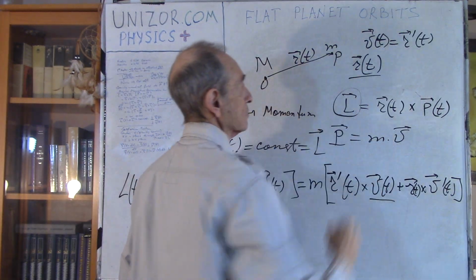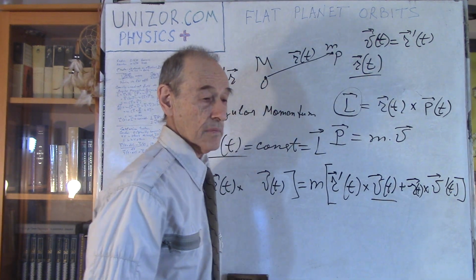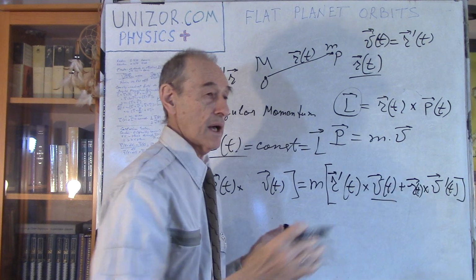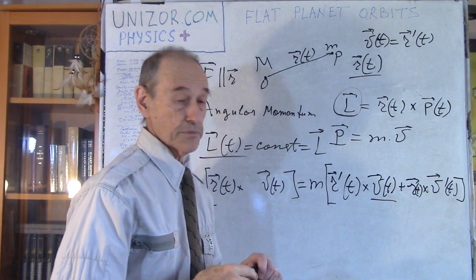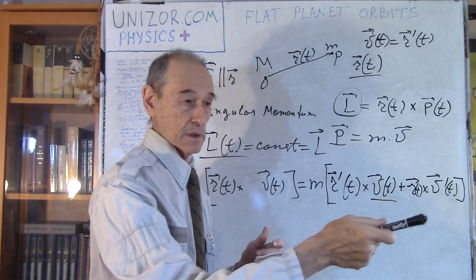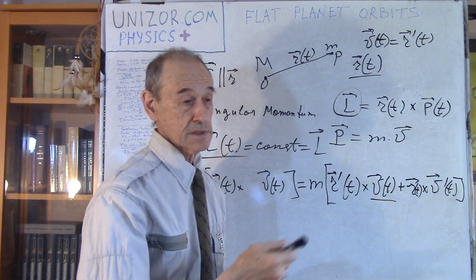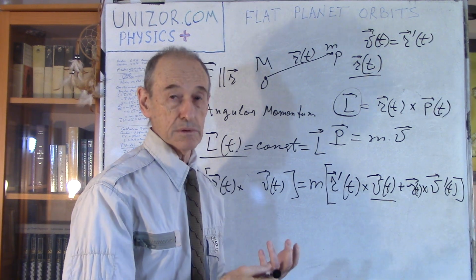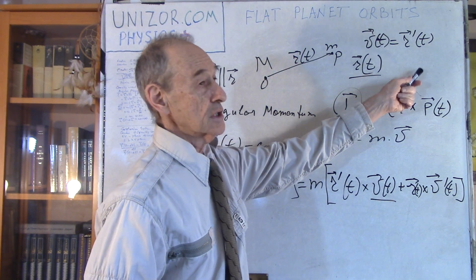The apostrophe means derivative by time. On a straight line, if you have some kind of movement, you know that the first derivative of the position, of the distance, if you wish, is the speed, right? In three dimensions, it's exactly the same, just by each coordinate.